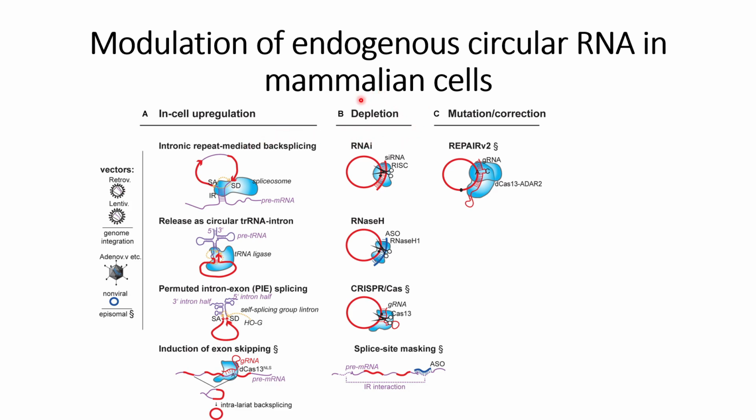Next, we will talk about depletion, how we can deplete circular RNA. First is to use RNAi, or short interfering RNA or RISC, in the sequence, transfected into the cells so that it can cleave off the circular RNA at the specific sites for which this siRNA is designed.